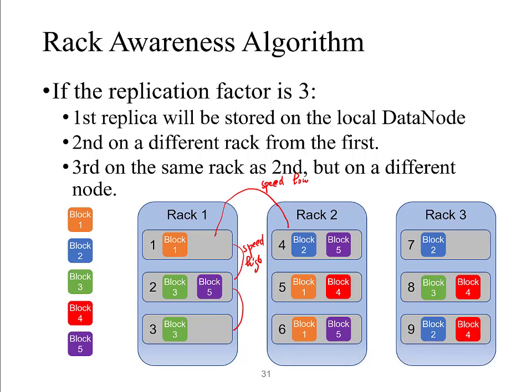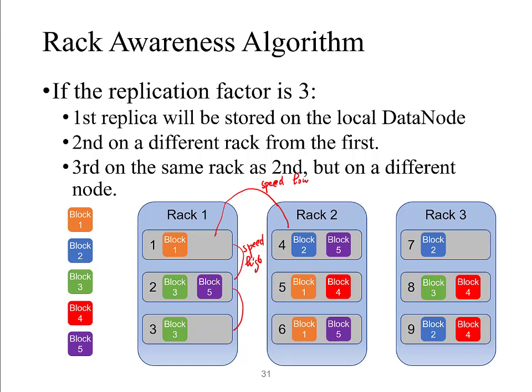So basically the idea of the rack awareness algorithm, when the replication factor is 3, is that we put the first replica on the local data node. The local data node means the data node that is the same as the client. If the client is not a data node, then a data node would be randomly picked based on the distance.